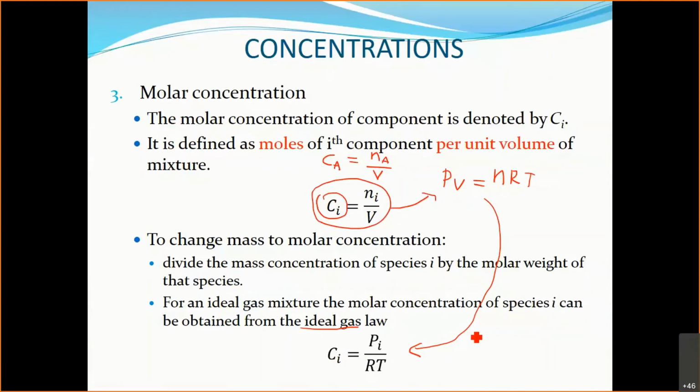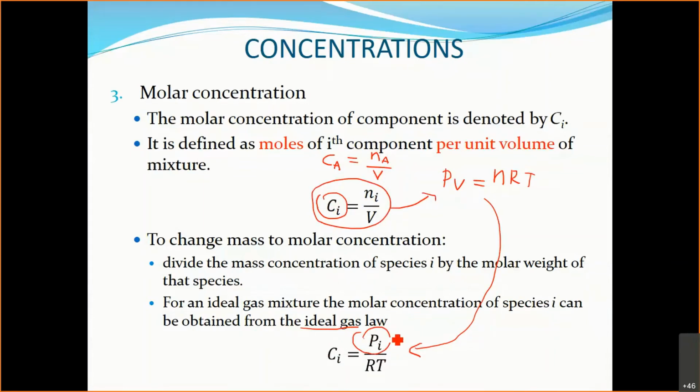So why is it important for us to actually know this equation? Because usually when we are dealing with gases, we are more focused on the pressure. Most of the time when we are dealing with a gaseous system, we are not usually given the moles or the volume.